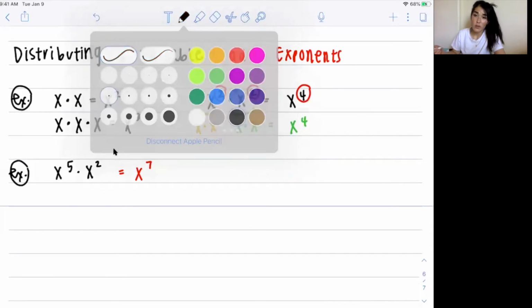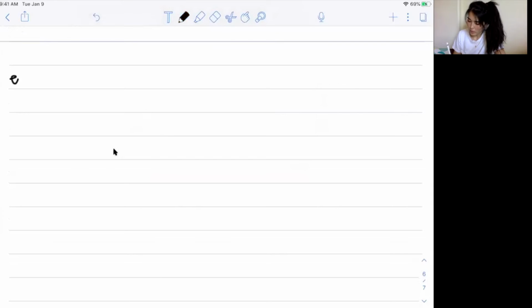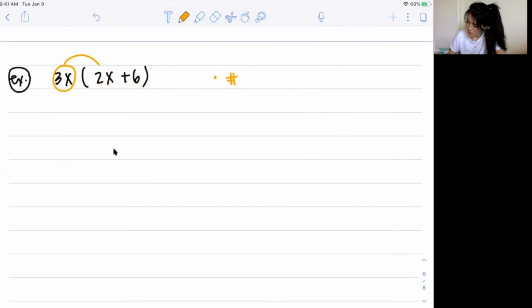And the reason for that is this. As we start to multiply, as we start to distribute, we will start to see problems that look maybe like this. 3x times 2x plus 6. All right, so same idea. You're distributing, but this time you have a variable. You have an x there too. So when it goes to the first term, what you're going to do is it is always number times number.